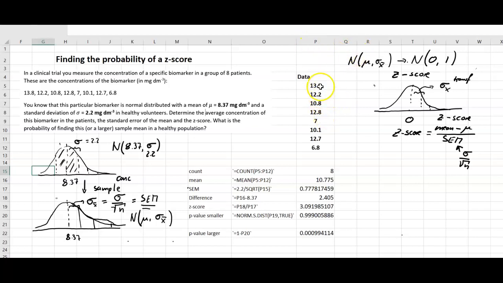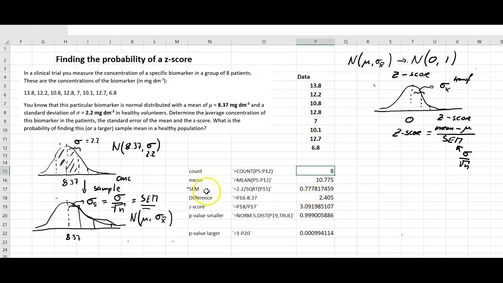So first of all, we've got our data here, and we can figure out the number of counts that we have of observations with this equation here. We would get 8 observations, so that's good. We can calculate the mean with this equation here. So our mean of our observations would be 10.78 milligram per cubic decimeter, and that is the mean of these data here of our observations.